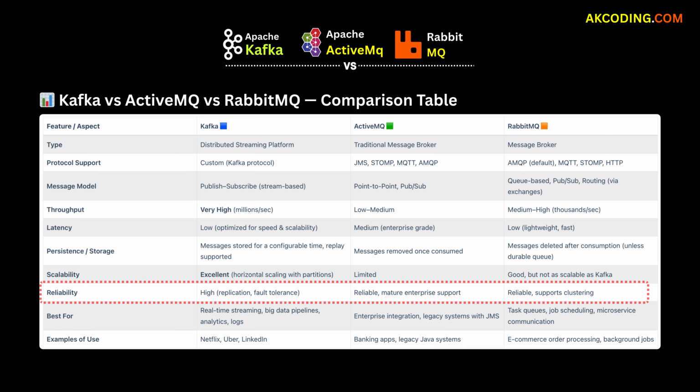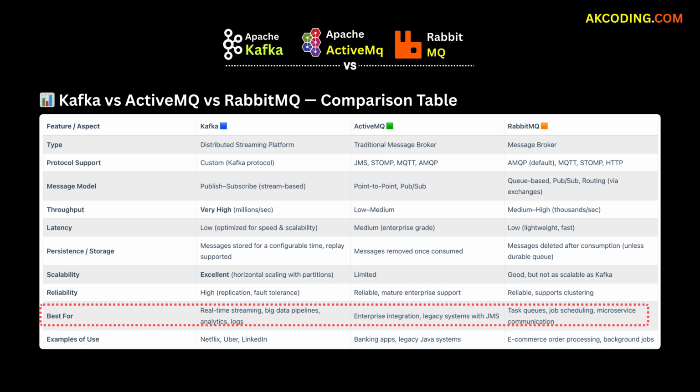Reliability: Kafka has high reliability and high fault tolerance. ActiveMQ is reliable with mature enterprise support. RabbitMQ is also reliable and supports clustering. Best for: Kafka is best for real-time streaming, big data pipelines and analytics logs. ActiveMQ supports enterprise integration and legacy systems with JMS.